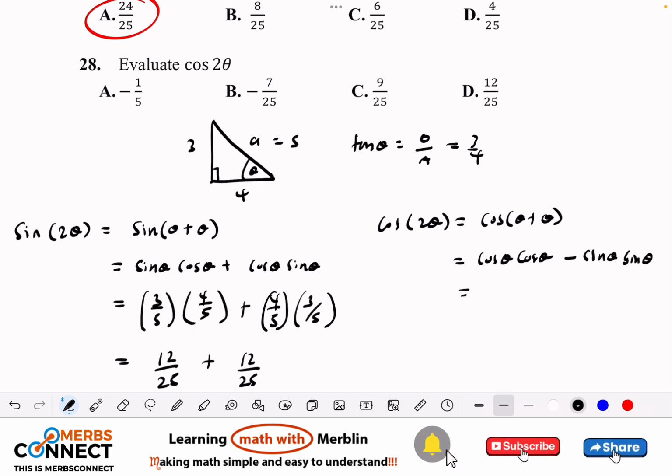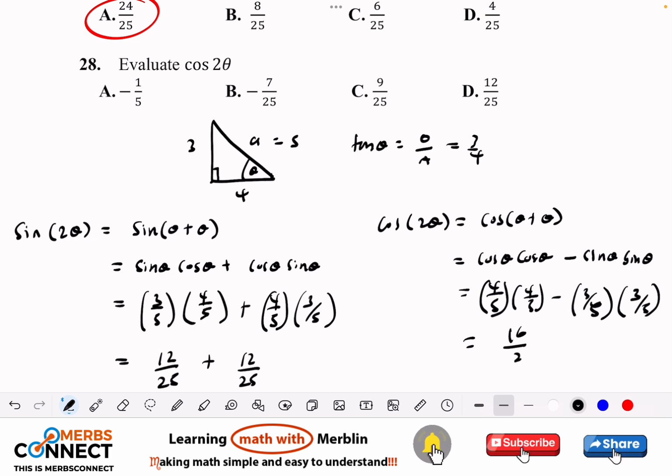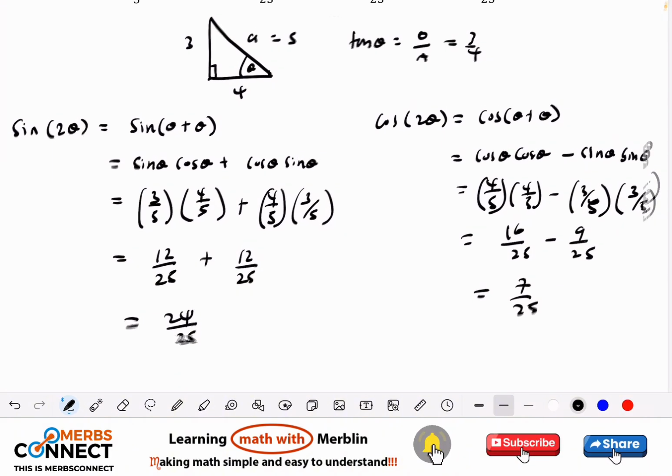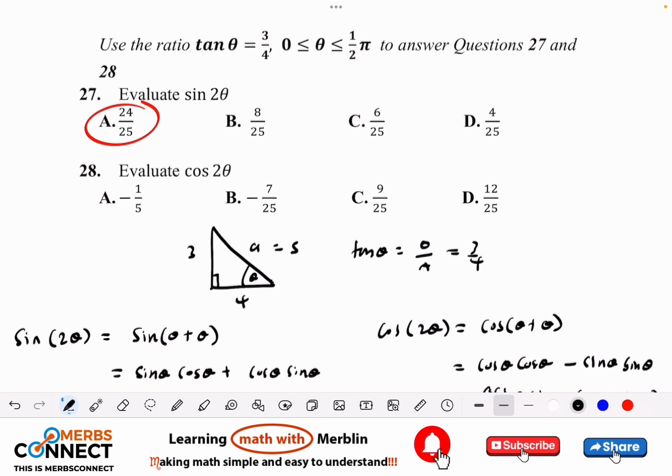We know that cos theta is adjacent over hypotenuse, so we have 4 on 5, minus opposite over hypotenuse, so 3 on 5. So this is going to be 16 on 25, and this will be 9 on 25. Subtract, and we are going to have 7 on 25. Yes. So do you have 7 on 25?